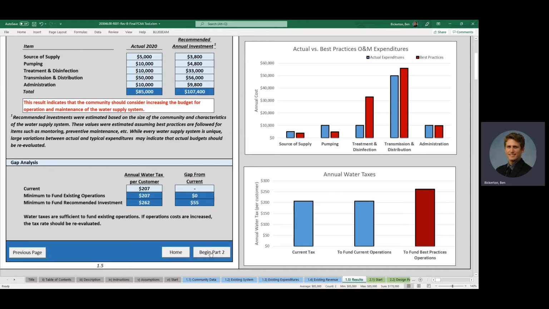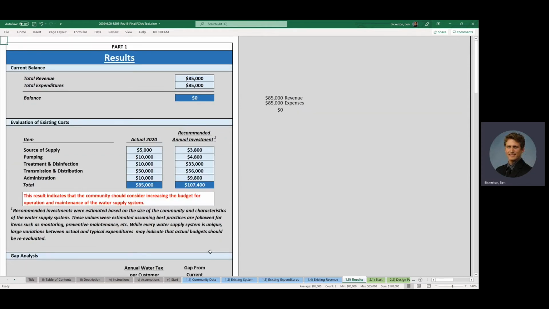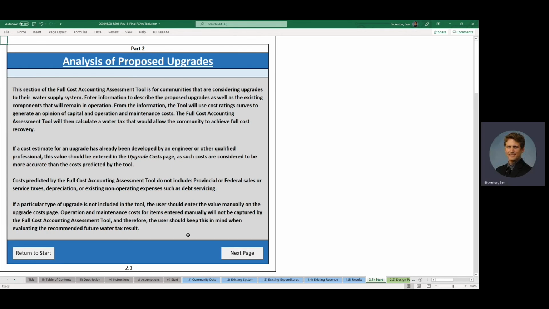We can click here if we want to go right into part two, which is an analysis of proposed upgrades. So for communities that are considering upgrades to the water supply system, we can use this tool to develop an estimate, a cost prediction of the potential upgrades.